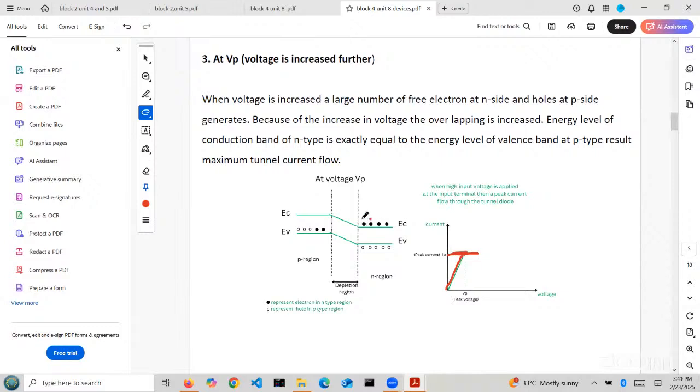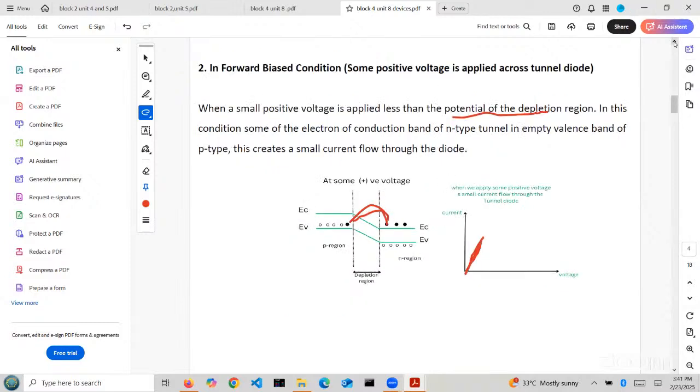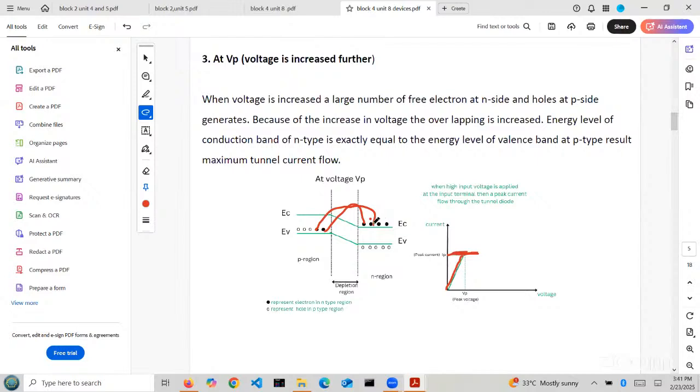These jump to the P type. 2 electrons are occupied. Previously, only 1 was occupied. As voltage is increasing, a few more electrons are occupying the P region. So up to the peak voltage, electron hole recombination is taking place.